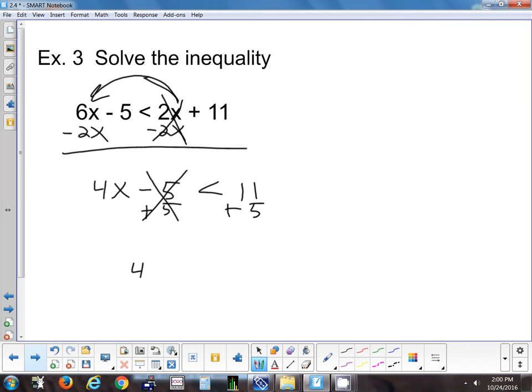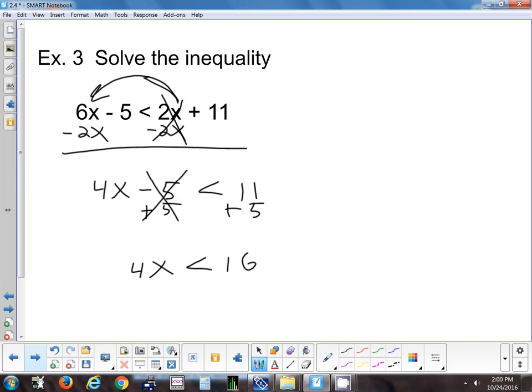And how about on the right-hand side? What's 11 plus 5? Good, 16. And how about Emma? Should I flip? No. Didn't multiply or divide by a negative. All I did was add 5.